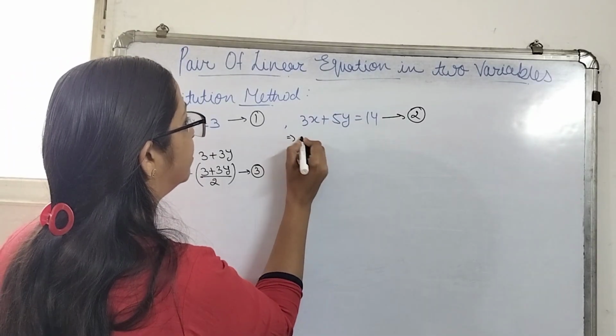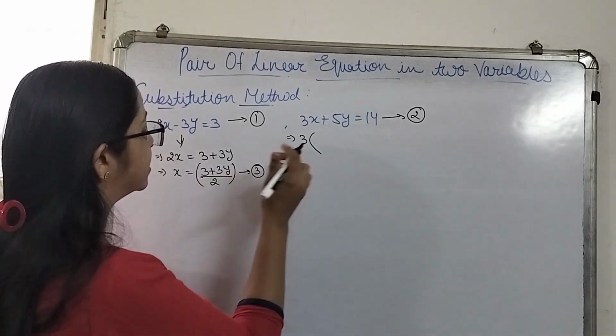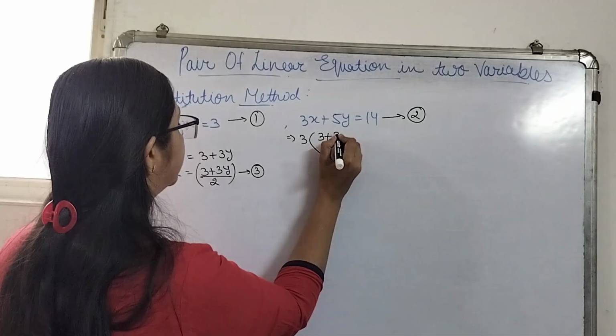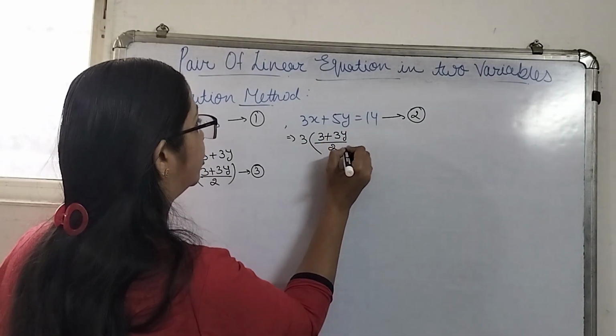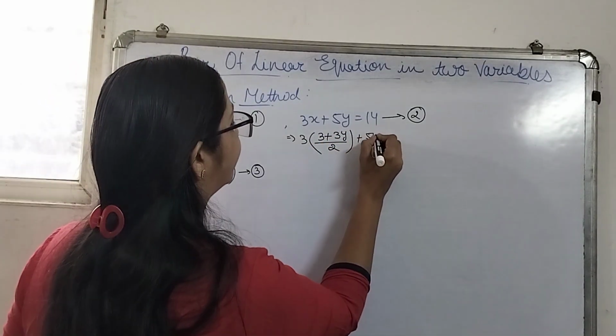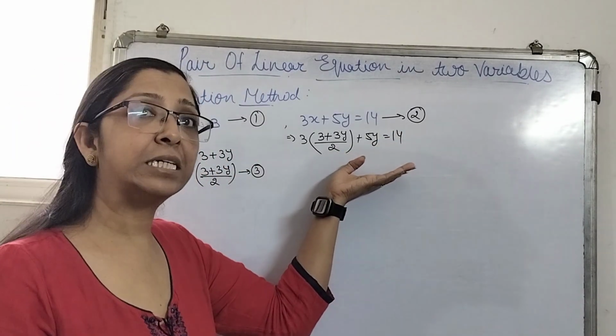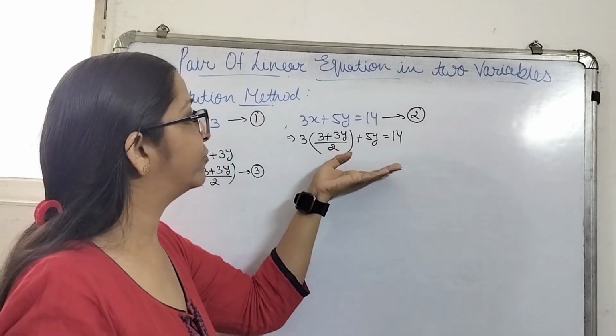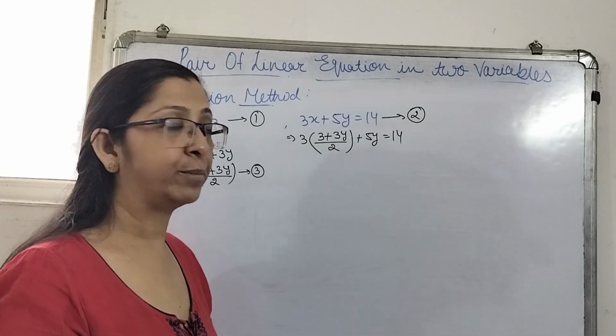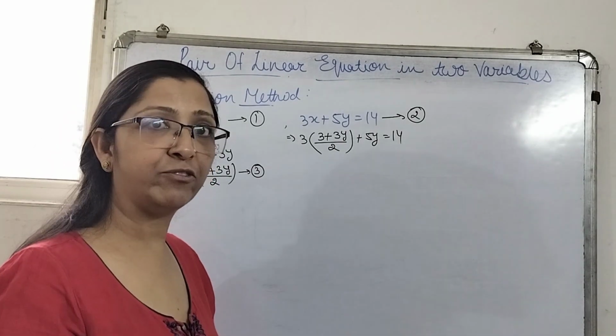So we keep the value of x in equation number 2. This becomes 3 multiplied by x, which is 3 plus 3y divided by 2, plus 5y is equivalent to 14. Now this whole equation is in one variable only and we can easily solve it, because we know how to solve an equation in one variable.